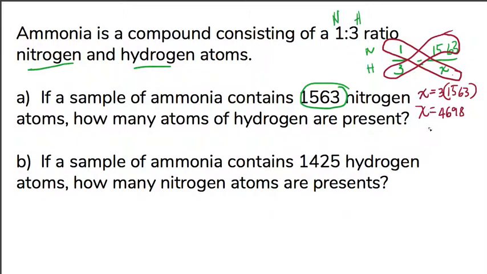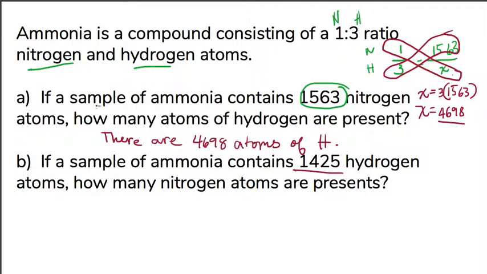So that means if there's 1,563 atoms of nitrogen, there will be 4,689 atoms of hydrogen. Okay, now let's do this. This one is the opposite.